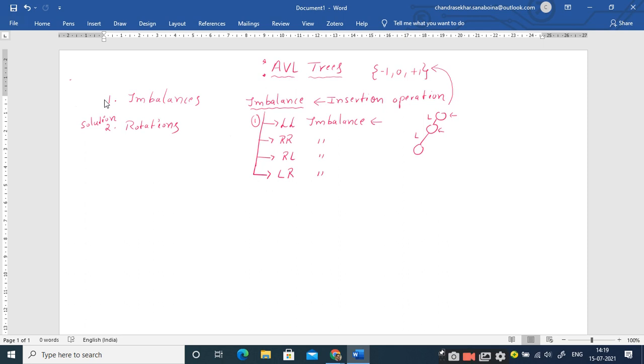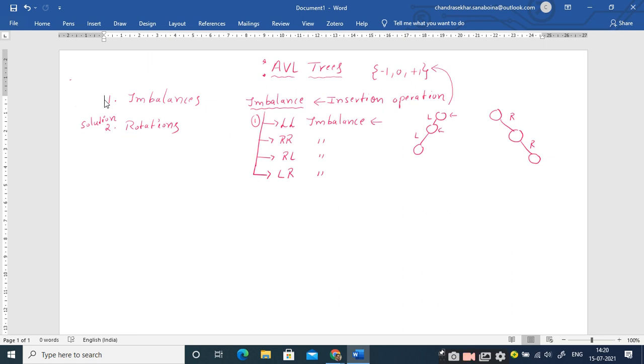The LL imbalance has happened. We can say it like that. Similarly, the RR imbalance we can say like this. We have a node and another node is there as the right child of this node, and when you try to insert a node to the right side of the right child of a node, we say that this particular imbalance is the RR imbalance.